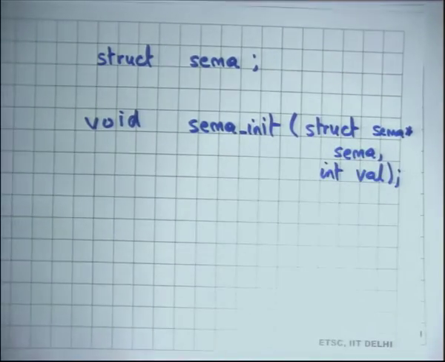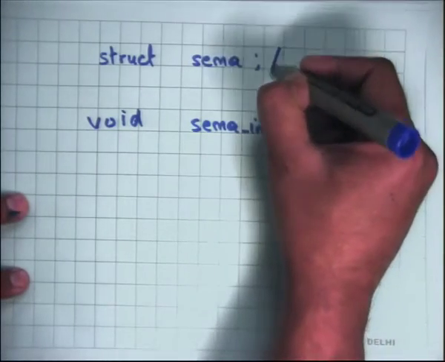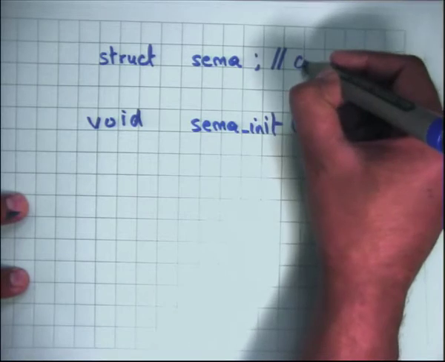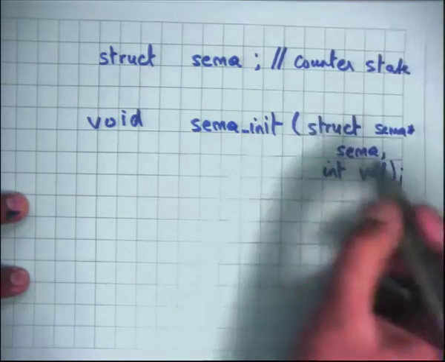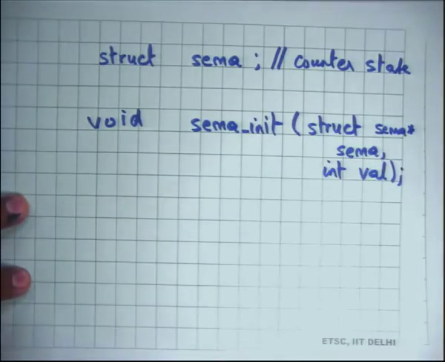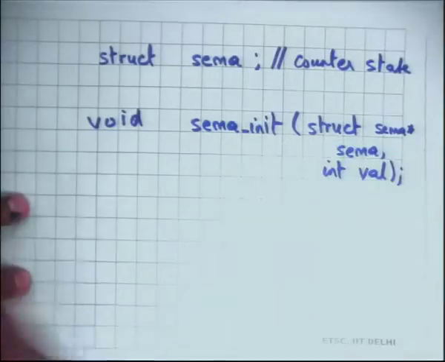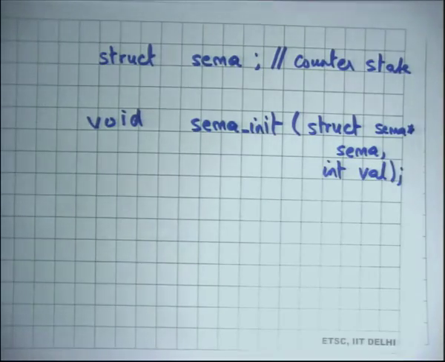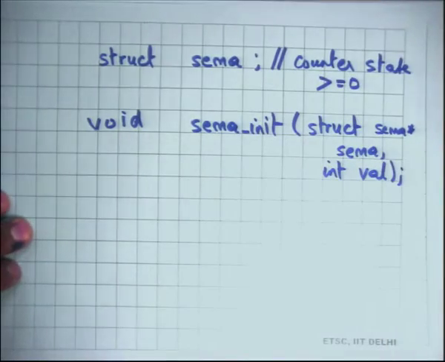So it just initializes the semaphore to that counter called value, right? So basically a semaphore has a state called counter, and the init function will initialize the counter to val, assuming val is greater than or equal to 0. So this counter should be greater than or equal to 0. That's another invariant of a semaphore.